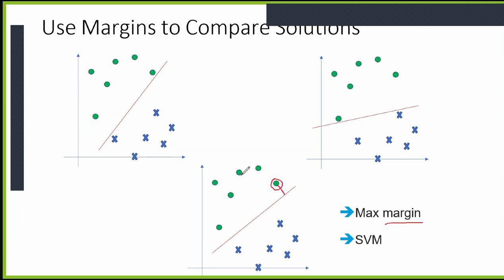So for the class of green circles, the margin is this distance. And for the class of blue X's, let's assume that this is closer. The margin is the distance from the decision boundary to this data point.